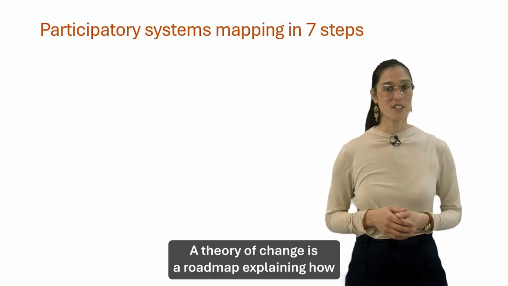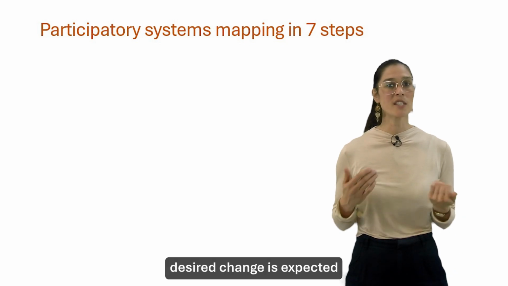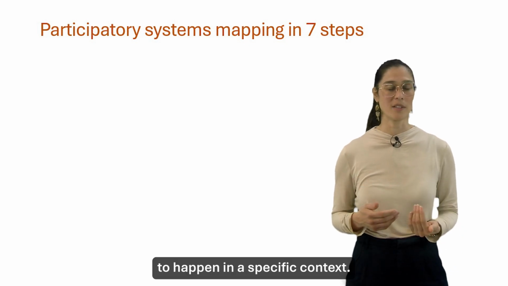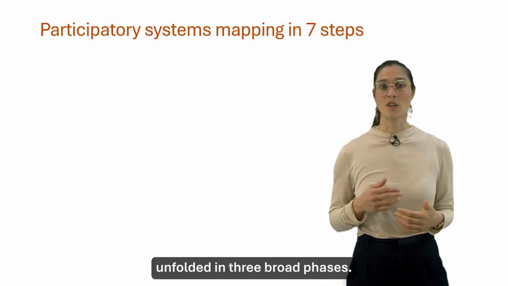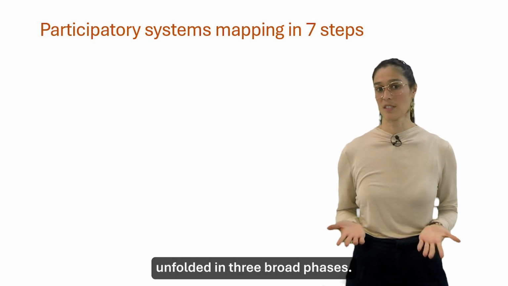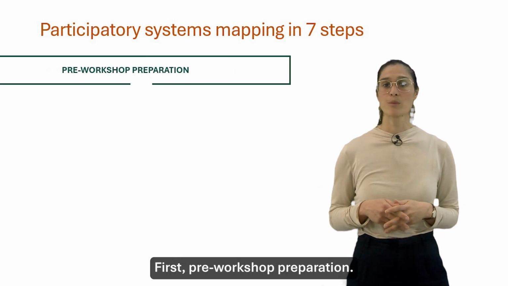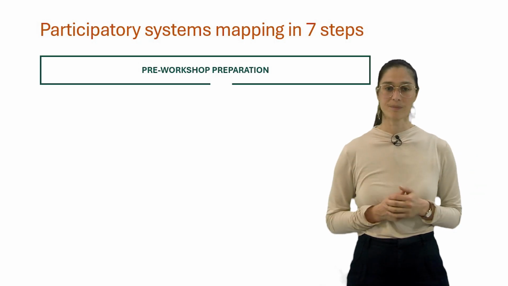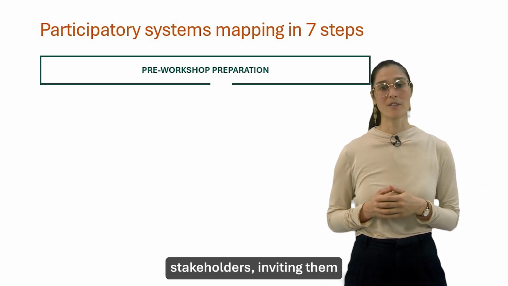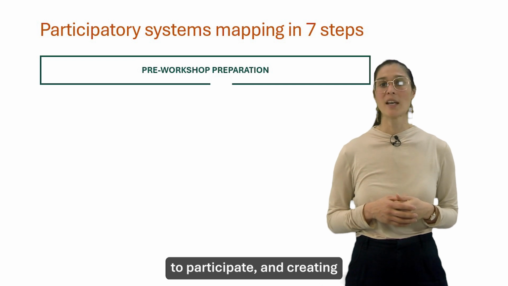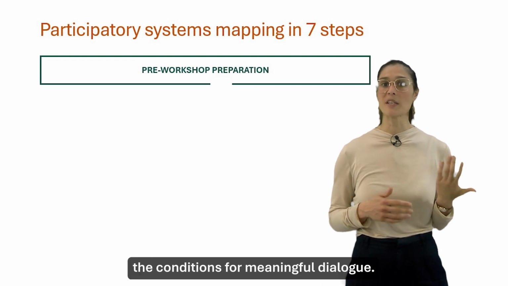A theory of change is a roadmap explaining how desired change is expected to happen in a specific context.